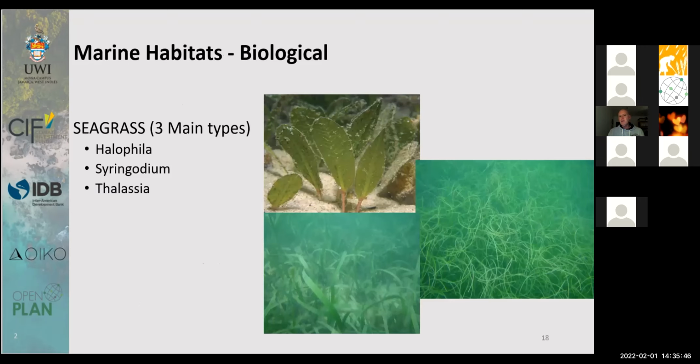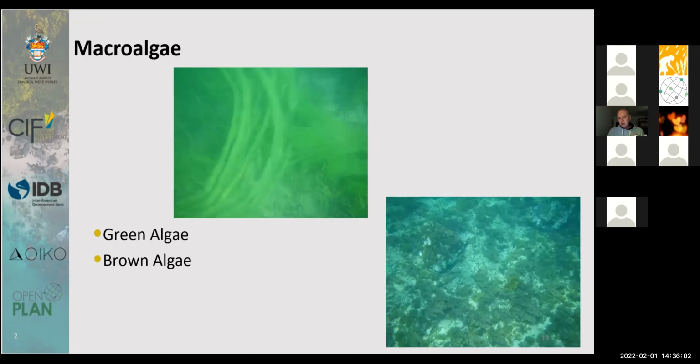And this may include different species of seagrass, for example, which all play a different role in fixing sediments and also in terms of influencing current flows, particularly in the nearshore zone. There's a need to understand and appreciate different types of algae and the impact that macroalgae has on reef health.